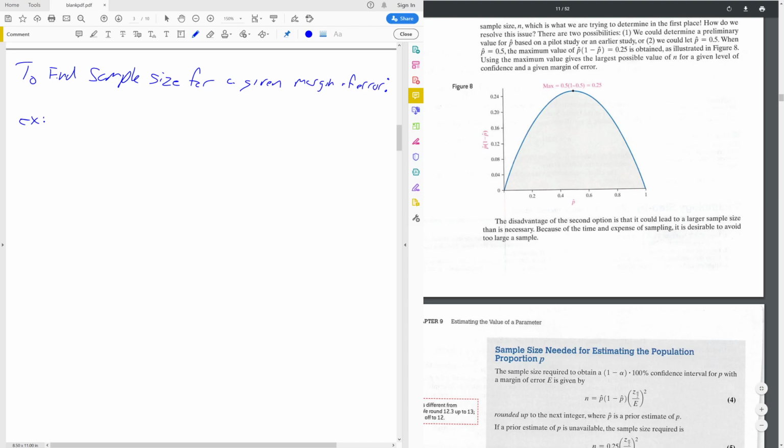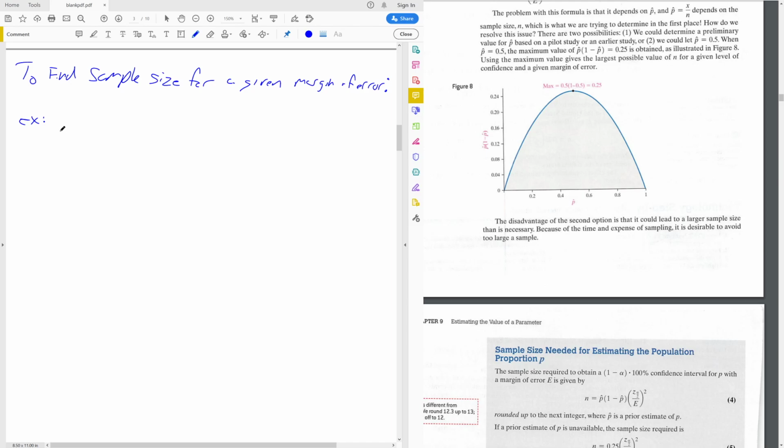We want to use the safest value for the largest margin of error, and that's going to be 0.5, because it gives us the largest value when we multiply. 0.5 times 0.5 gives us the largest value we can get, right? 0.8 times 0.2 is going to give us something that's not as large, okay?